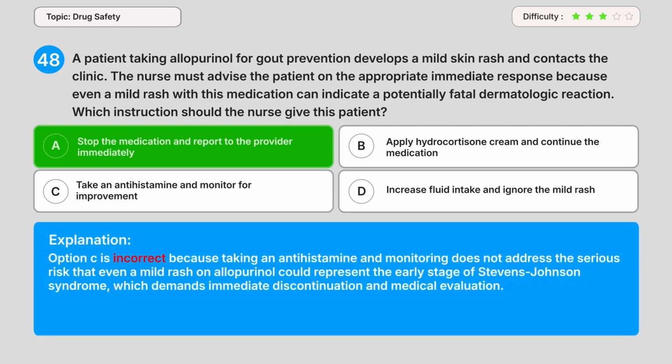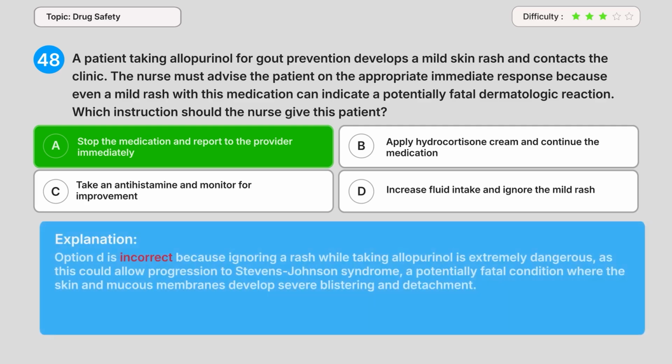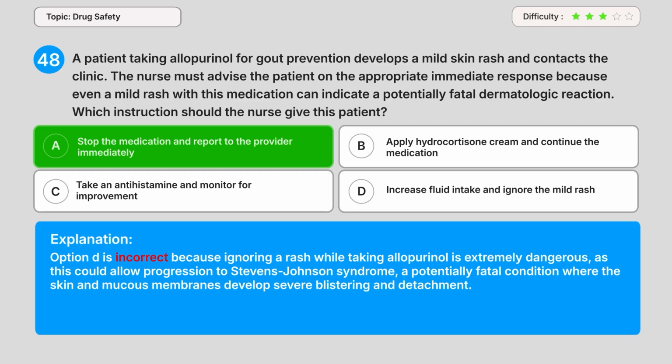Option C is incorrect because taking an antihistamine and monitoring does not address the serious risk that even a mild rash on allopurinol could represent the early stage of Stevens-Johnson syndrome, which demands immediate discontinuation and medical evaluation. Option D is incorrect because ignoring a rash while taking allopurinol is extremely dangerous, as this could allow progression to Stevens-Johnson syndrome, a potentially fatal condition where the skin and mucous membranes develop severe blistering and detachment.